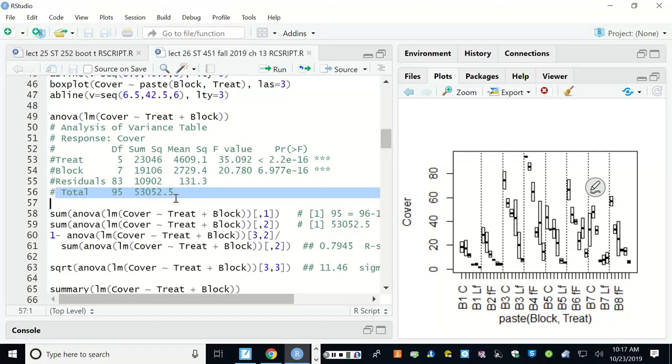Right? The sigma, the standard deviation in the model, is the square root of this mean square error. Errors are always estimating variances, and so we take that number, third row, third column, that value there. There'd be other ways to reference it.